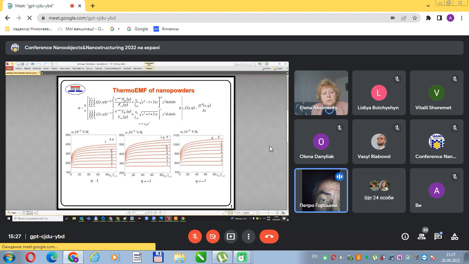Це методи створення матеріалів, в тому числі, мабуть, наноматеріалів, з так званою енергетичною фільтрацією, тобто коли беруть участь носії з вищими енергіями, бо чим вища енергія, тим більший показник розсіювання. Ну і можна сподіватися, що і для нанопорошків таким шляхом можна підвищити добротність.